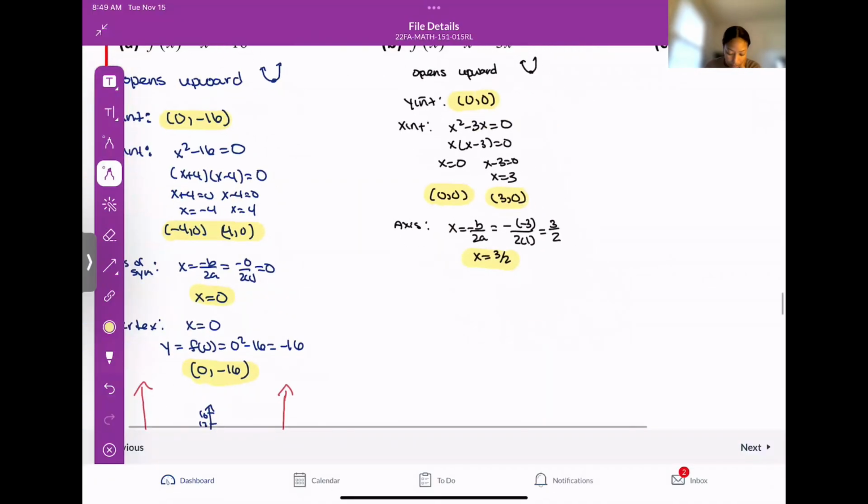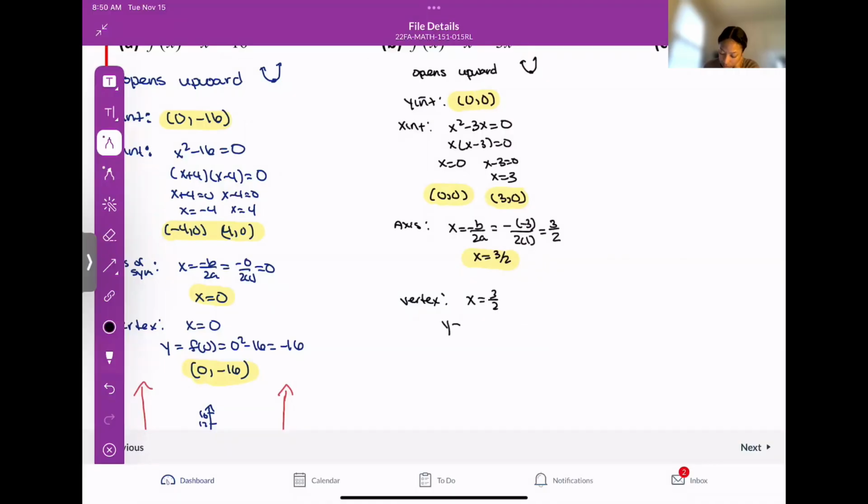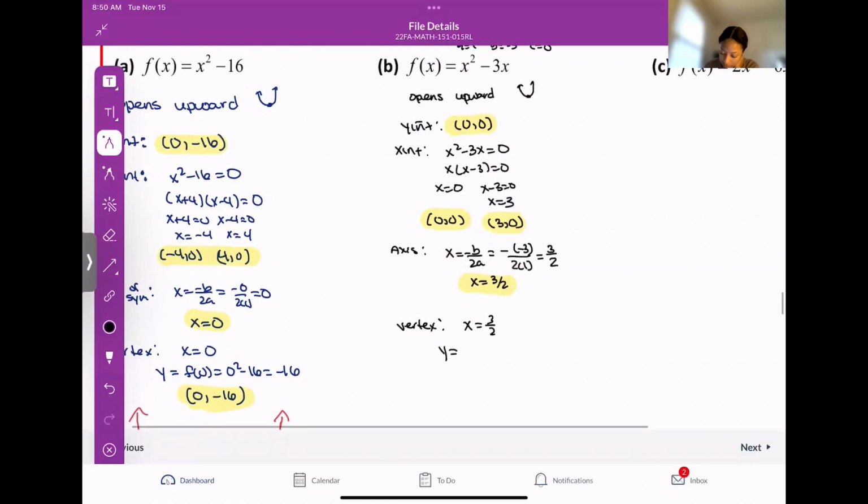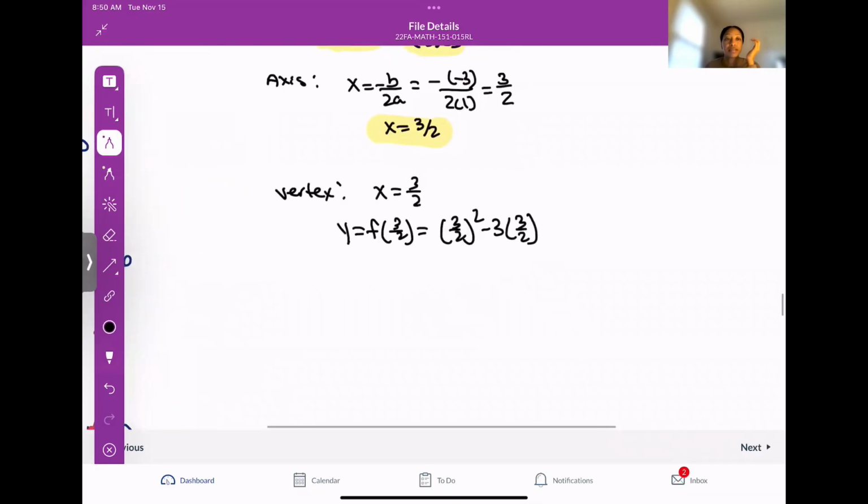And then for the vertex, we use the axis of symmetry, x equals 3/2, and y is going to be equal to f of 3/2. So that's 3 over 2 squared minus 3 times 3 over 2. Let's simplify this. Yes, there are fractions, but that's okay. We can deal with them.